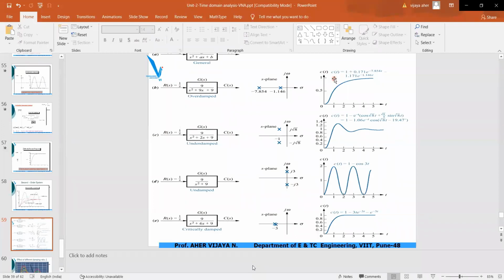Always you have this term: C of t is equal to 1 plus or minus, whatever the equation is. So what is the meaning of this 1 plus, 1 minus?